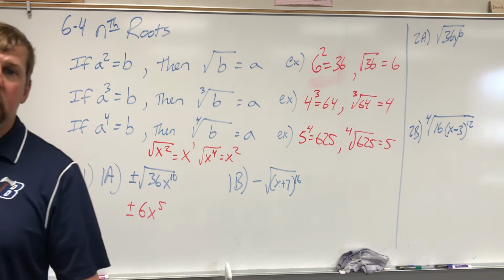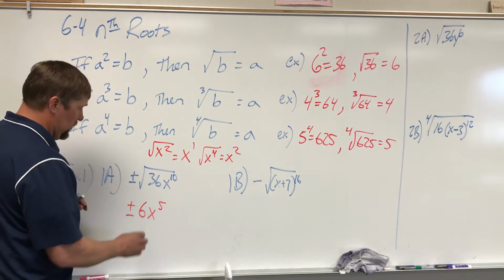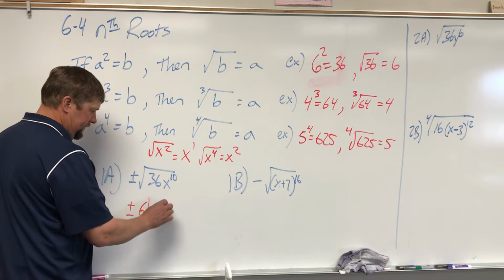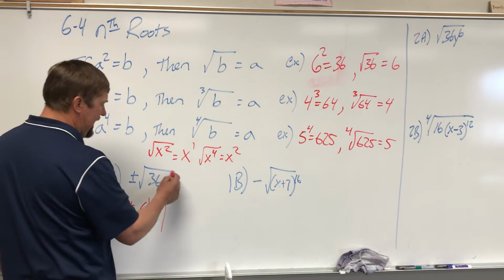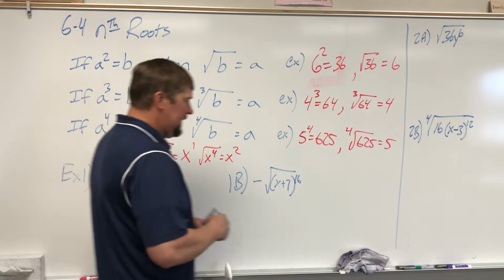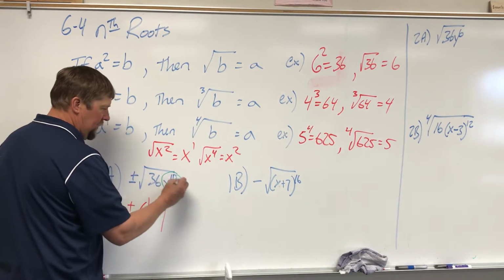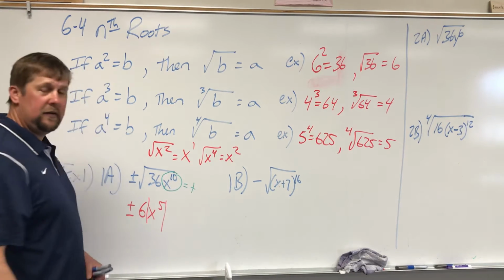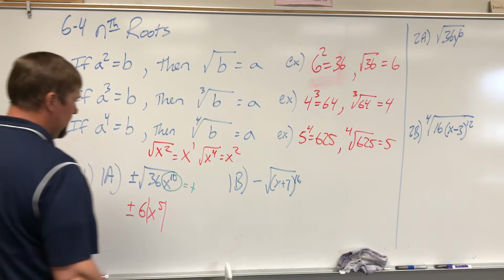Now, here's the trick. In the book, they're going to put an absolute value on this. The reason they put the absolute value is because x to the 10th is positive. X to the 10th is positive because when you take something to a 10th power, it's automatically positive.